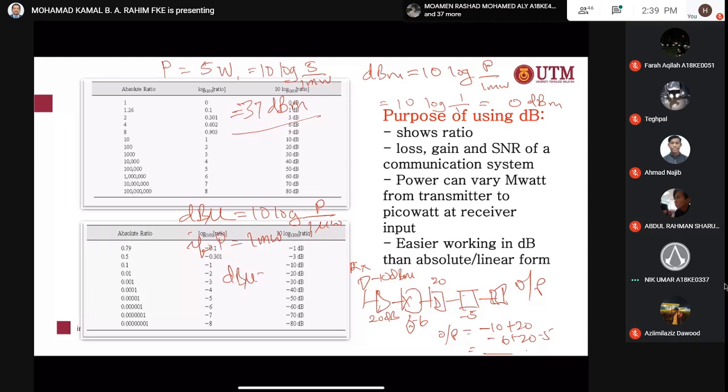If your P is 1 milliwatt, what is your dBµ here? 30.